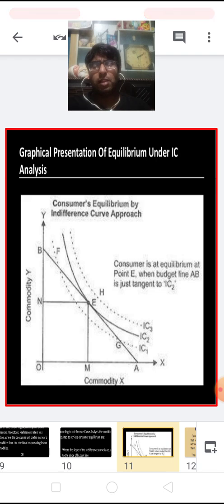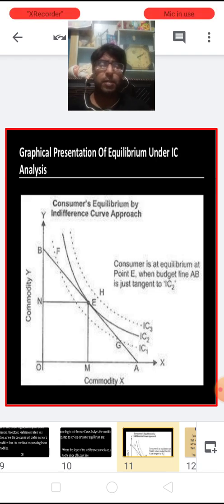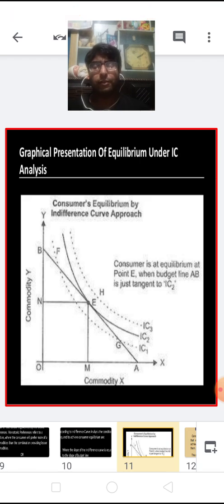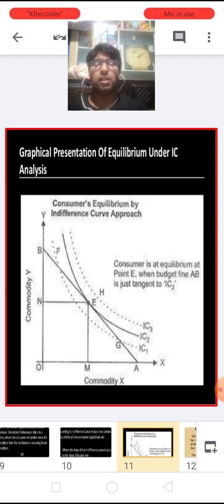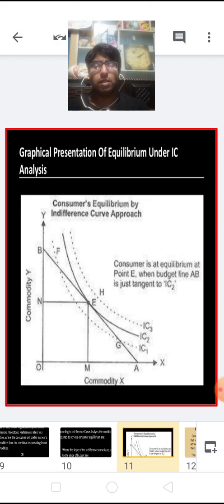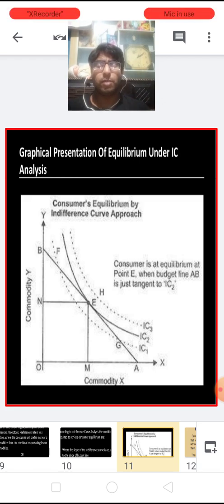Now children, just see, as per this budget line, F, E, and G are the points which touch the budget line. These are the combinations which lie on an indifference curve, and all these combinations touch the budget line.